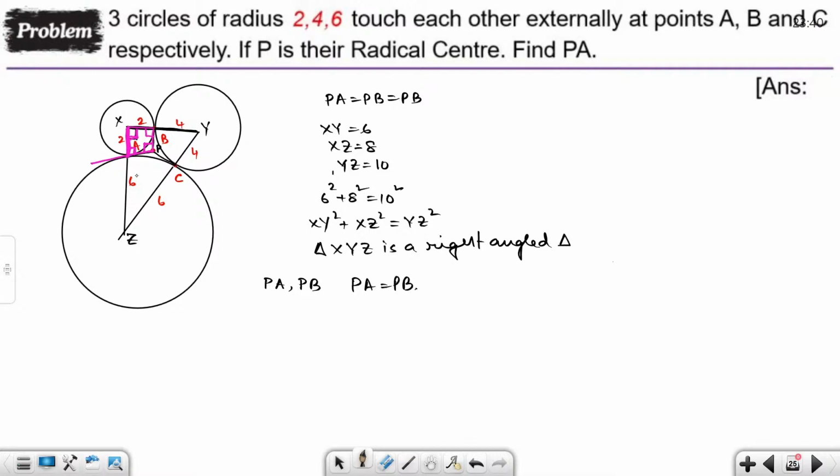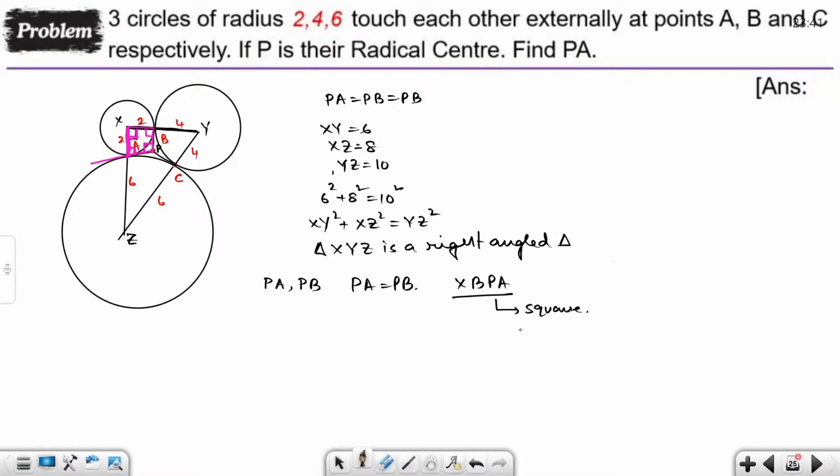Actually, I can say that the quadrilateral that is formed, that is your XBPA, is basically a rectangle. But in this rectangle, the adjacent sides are equal. So this rectangle will become a square.